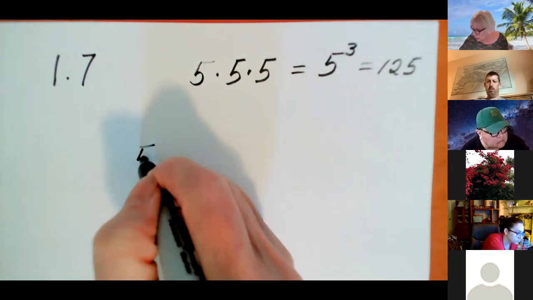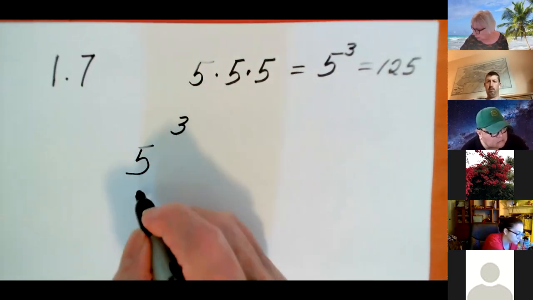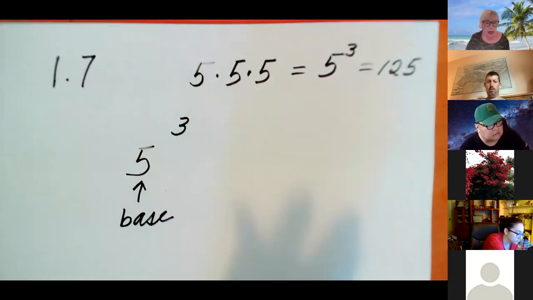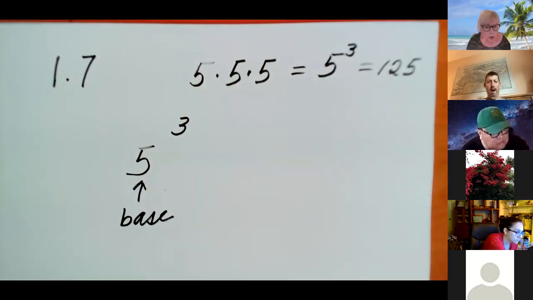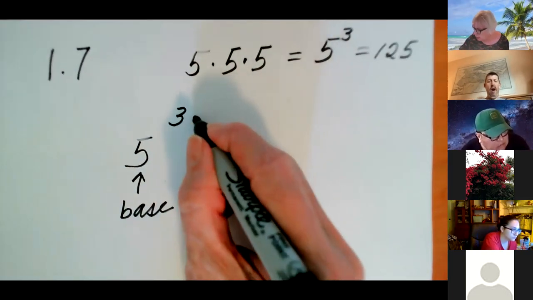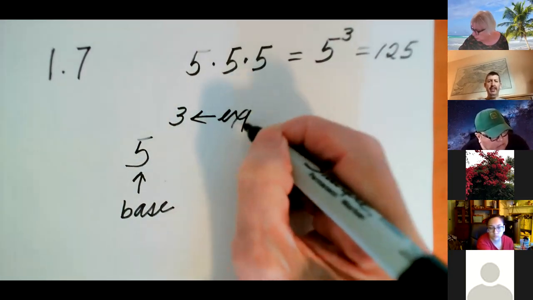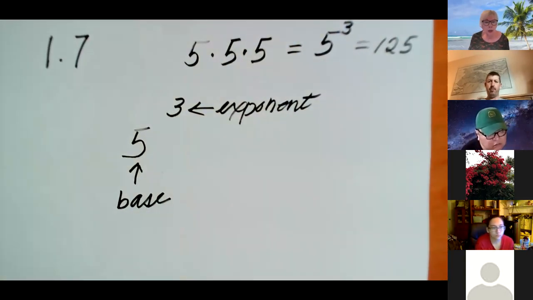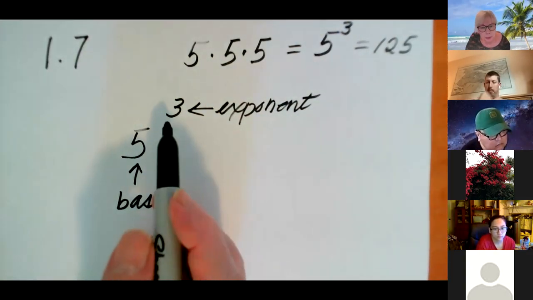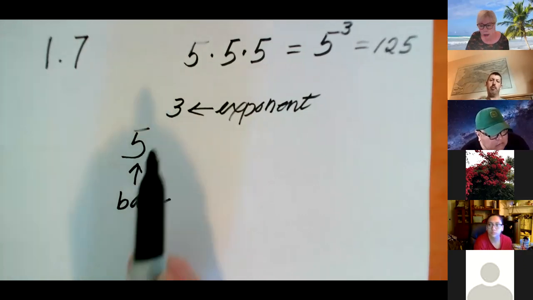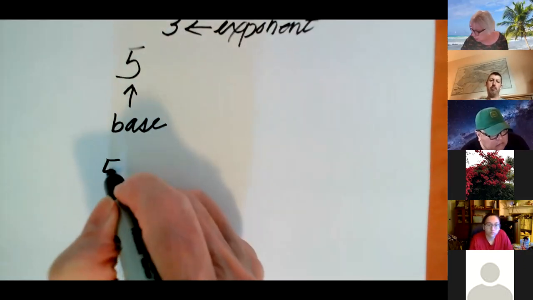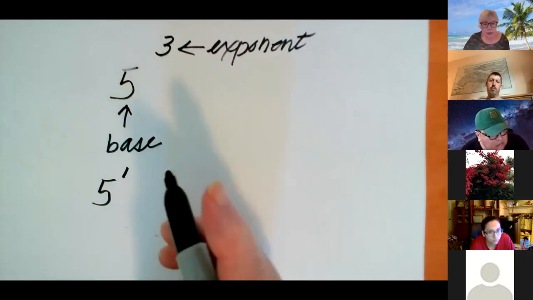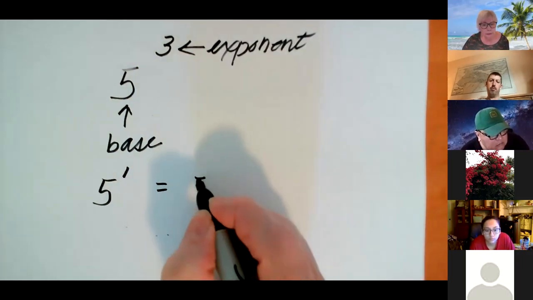Now, when you have this, the number that's repeated is called the base. And so that's the one that's going to be over and over again. This, of course, is the exponent. And so what we'll learn is you could have 5 to the first, which would tell you, well, you only have 1.